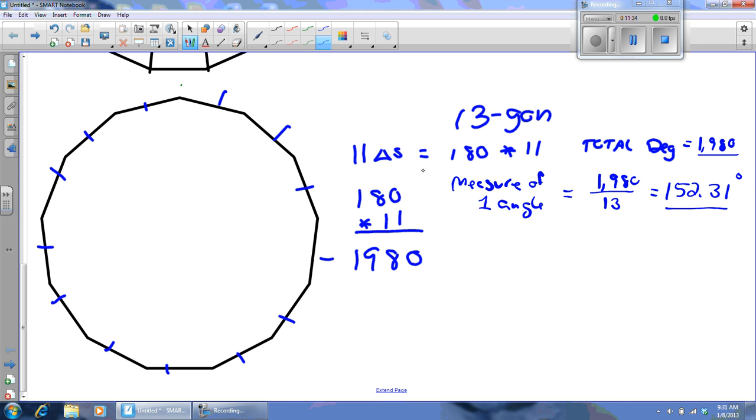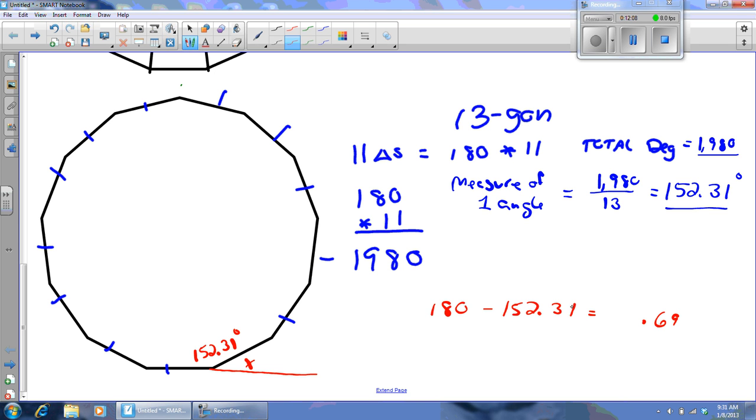Now, remember that means that this angle here is 152.31 degrees. Of course, that's a rounded answer. To figure out this angle here, I will take 180 minus the 152.31. And I know that's going to equal 27.69.